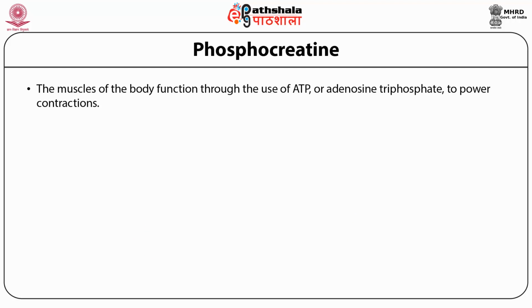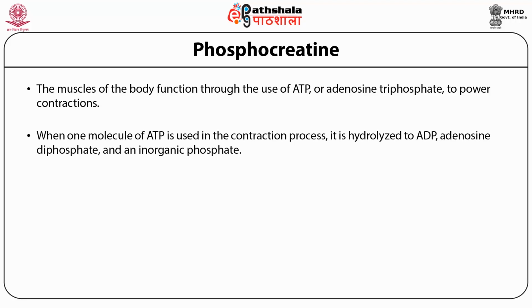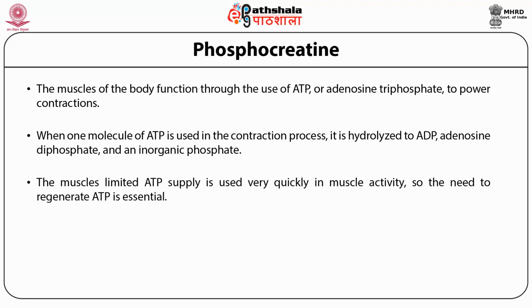The muscles of the body function by using ATP for muscle contraction and relaxation. When a molecule of ATP is used in the contraction process, it is hydrolyzed to ADP and an inorganic phosphate. The muscle has a limited supply of ATP, which is quickly used for muscle activity.